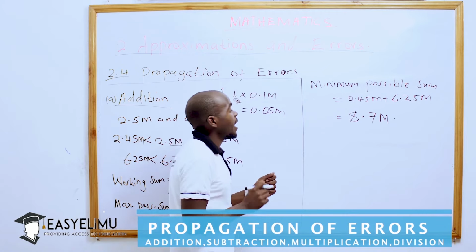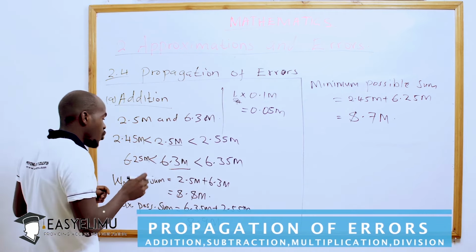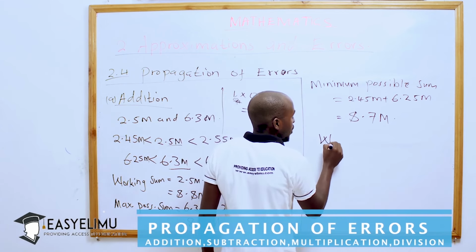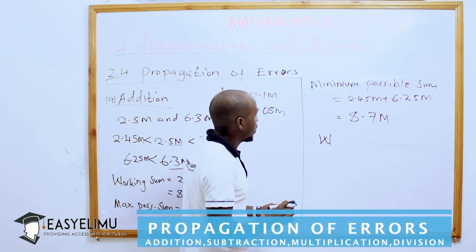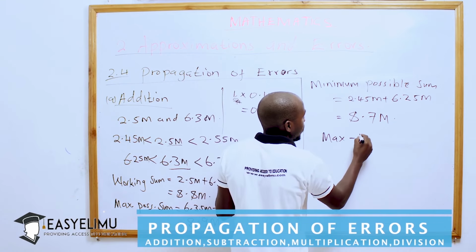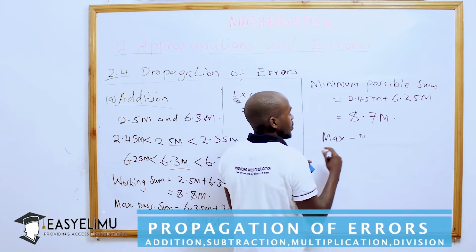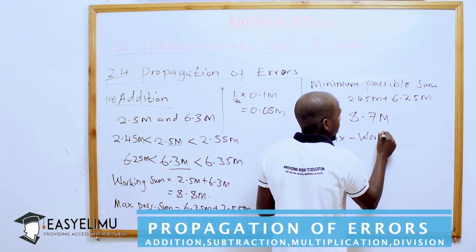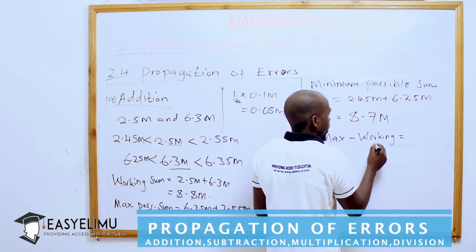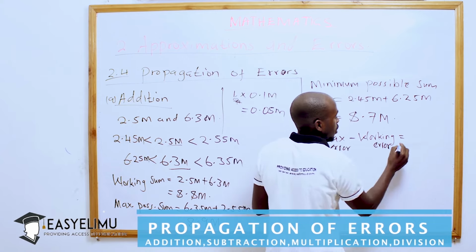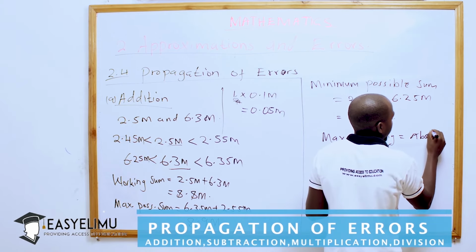So if we need now to find the absolute error in the sum, we shall now take the working either of them. We shall take the maximum sum minus the working sum.